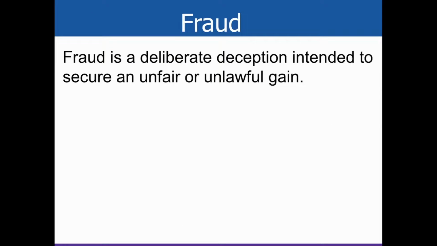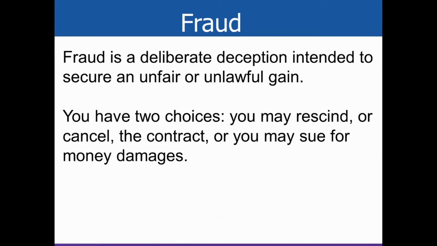So let's just go through them. Fraud is deliberate deception intended to secure an unfair or unlawful gain. So Dan sells me the video camera knowing that it doesn't work, or that after a certain amount of time it shuts off. Let's go with that. If I buy the video camera, I have two choices.